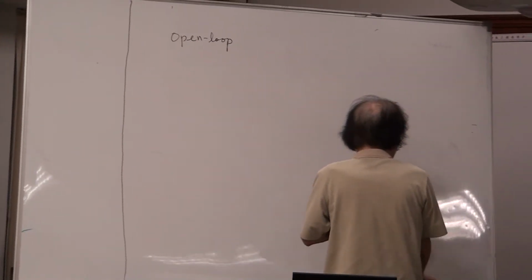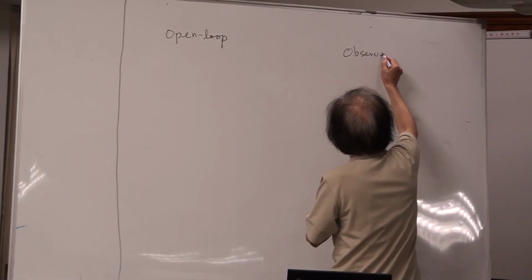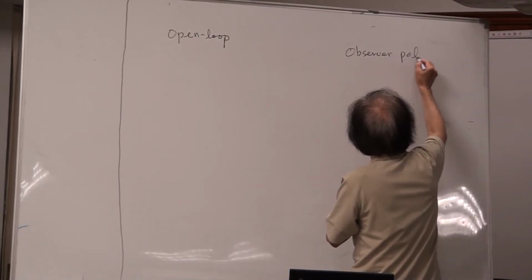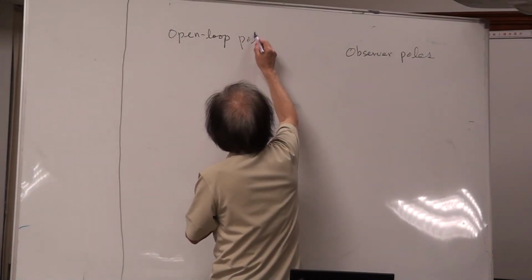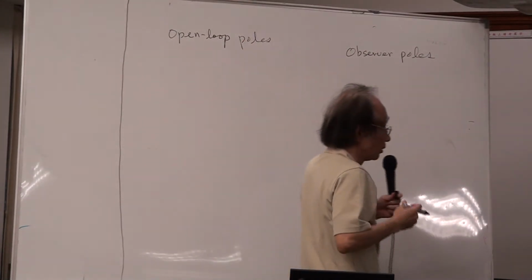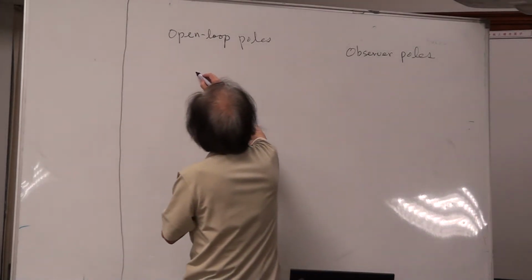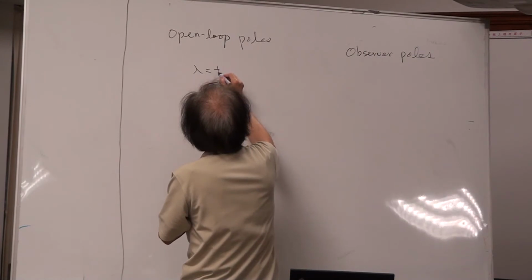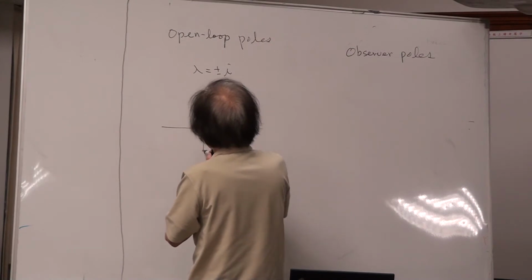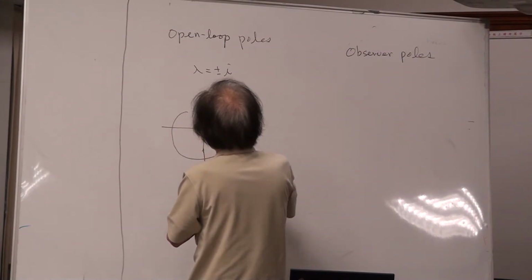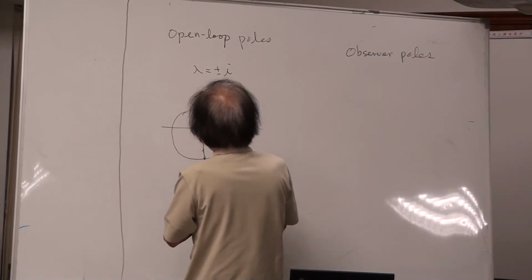We call it observer, observer poles, and open loop poles. My open loop poles for this case are lambda equal to plus minus i, on the unit circle, exactly the same as what you got there. So this plus i, this minus i.